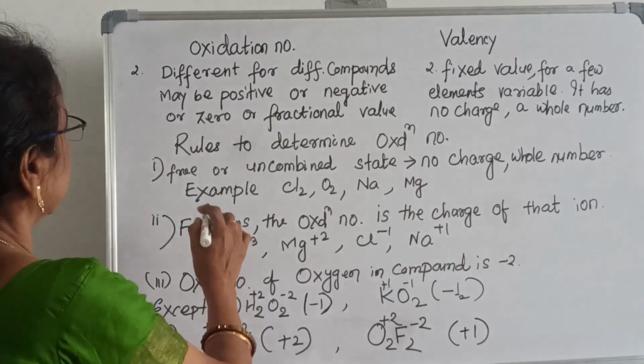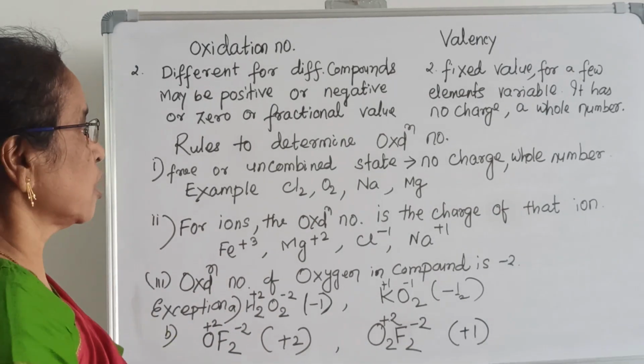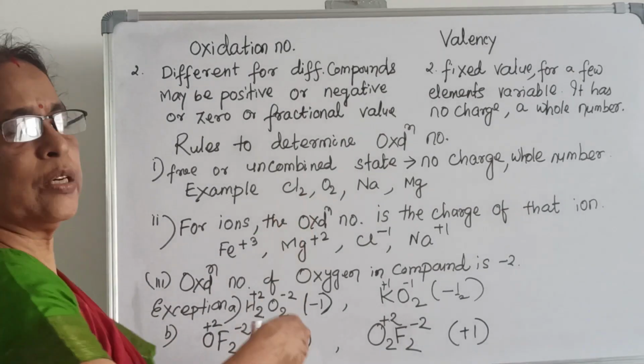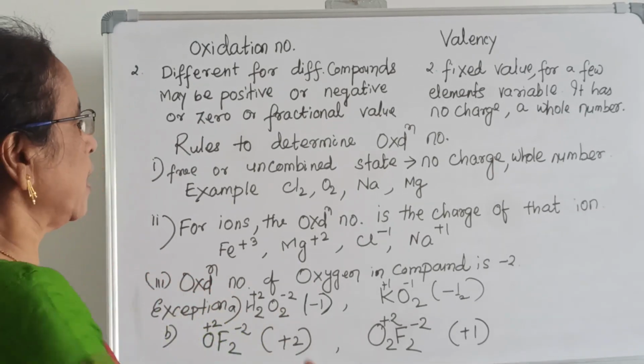So what are the rules for the free, uncombined state? The oxidation number is 0. You can find chlorine and oxygen in the periodic table; in the native state, the value is 0.